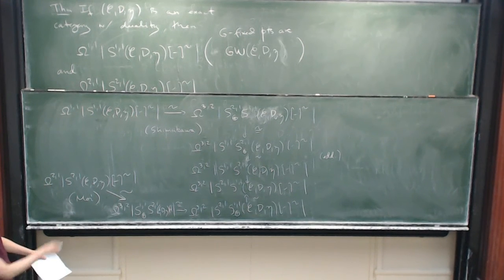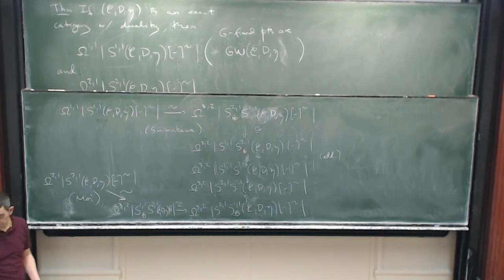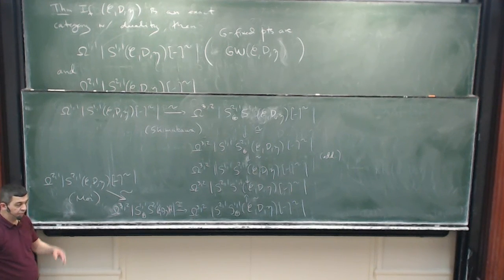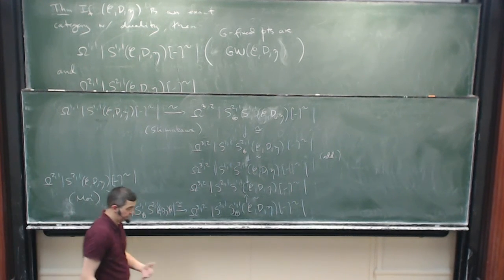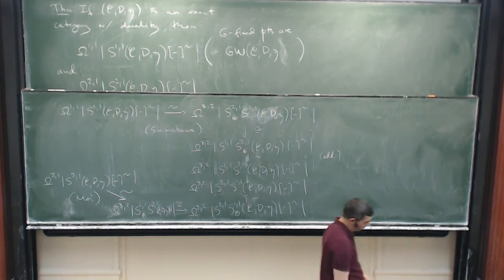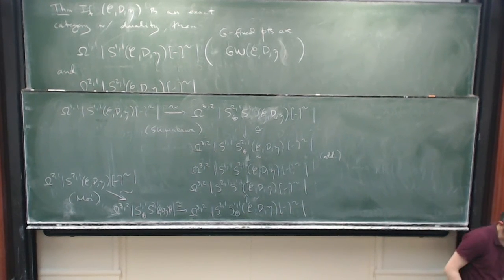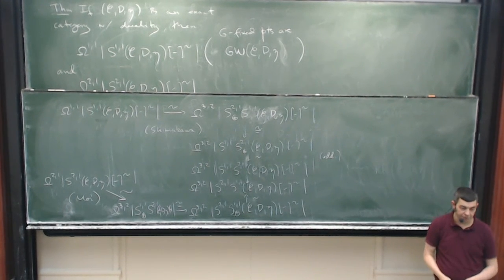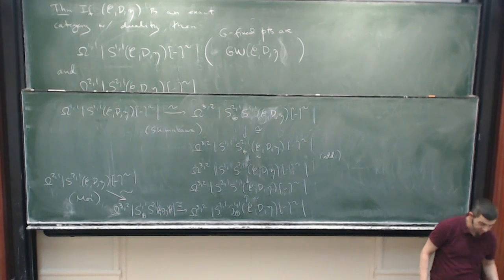And well, so now we have it, the equivalence between these two. So the fixed points in the KR spectrum is Marco's GW. Okay, sorry for going over time.